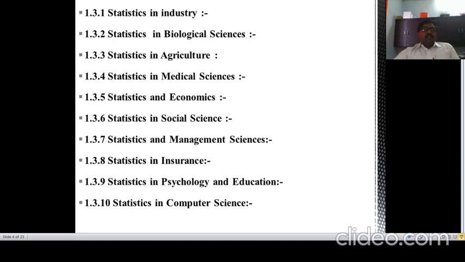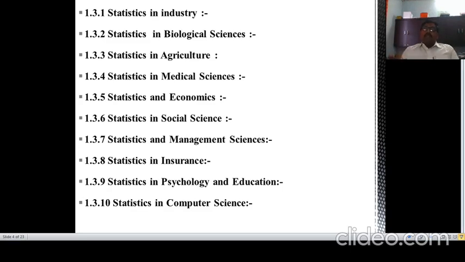Now, statistics is used in management sciences for efficient working. In various sections of management such as sales, production, marketing, statistical methods are used. Different statistical tools such as forecasting, test of significance, index numbers, time series analysis, statistical quality control, estimation play a vital role in management activities.